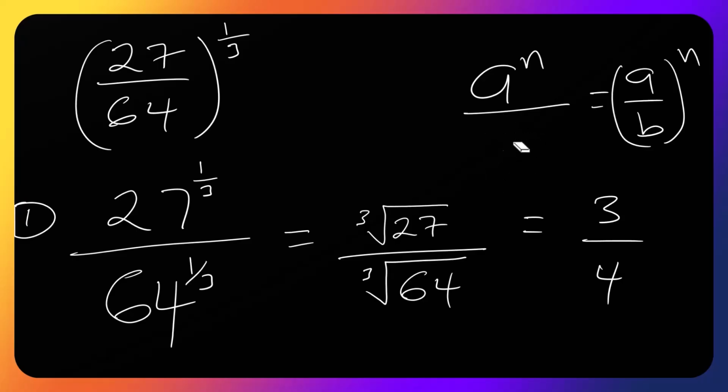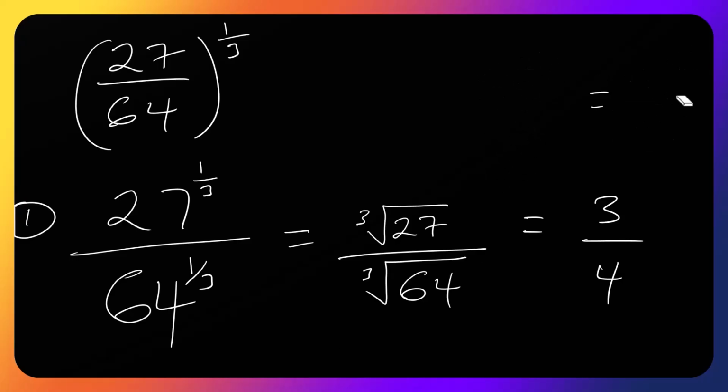Another approach, if you don't want to go by the fractional index approach. After this stage, you can choose to look for a number, because this side is 3. Which number to the power of 3 will give us 27? Of course 3. So 3 to the power of 3 times 1 over 3.